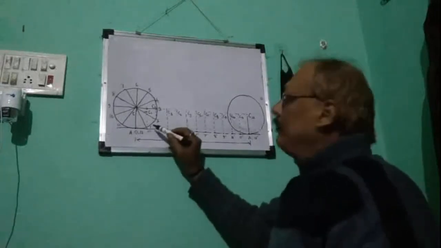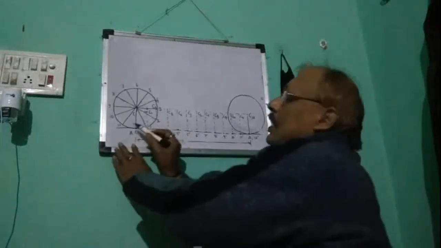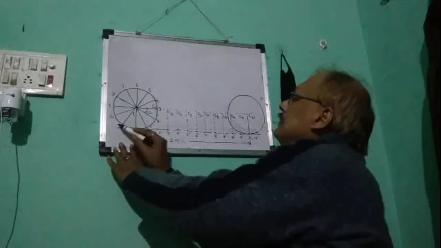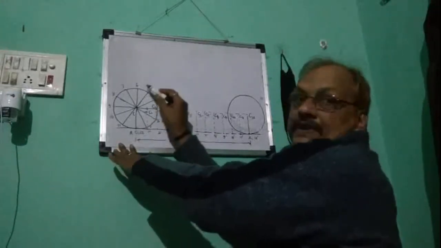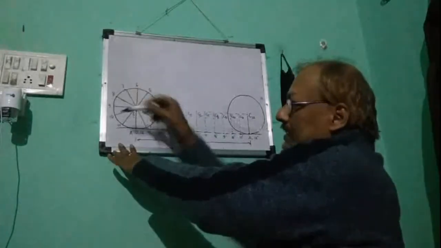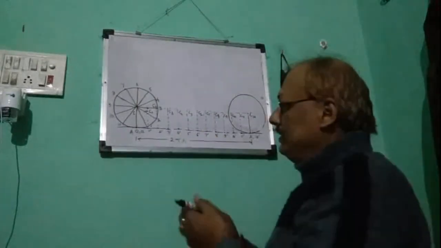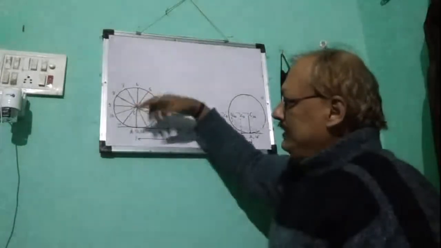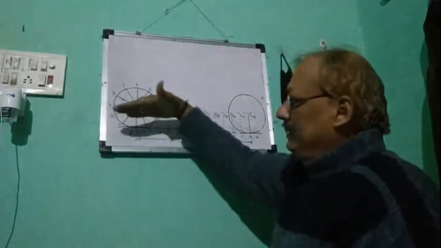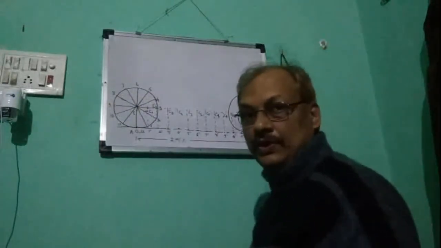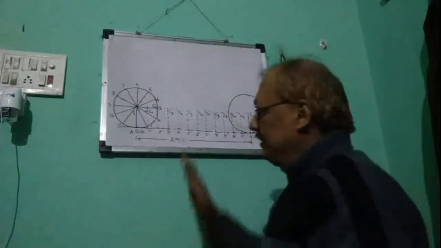It is quite obvious that now we will have to draw horizontal lines passing through 1, 2, 3, 4, 5, 6, 7, 8, 9, 10 to know the levels. When 1 will fall on 1 dash, A will reach the same horizon, isn't it?